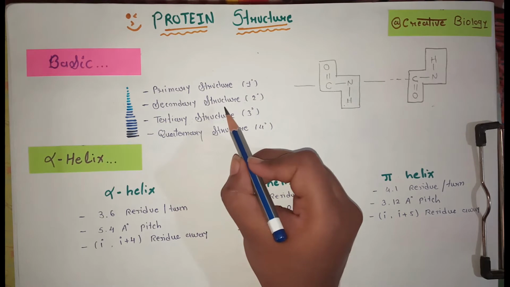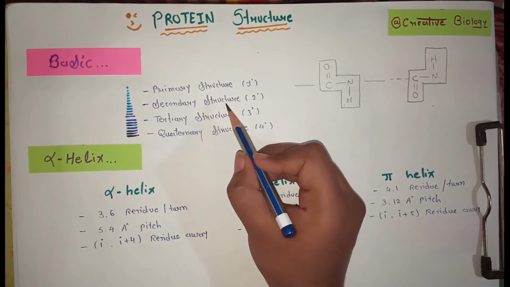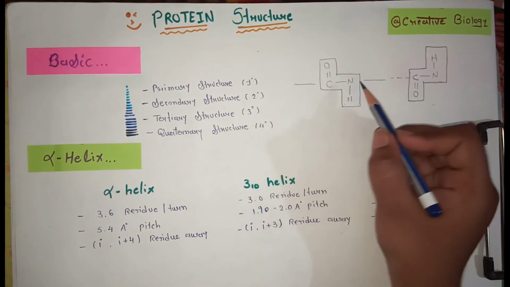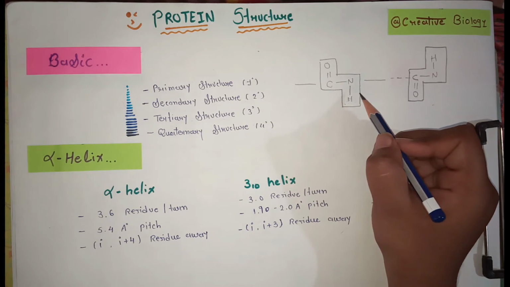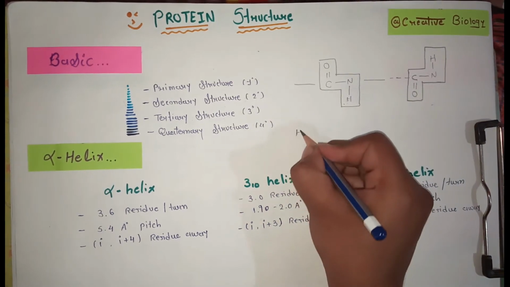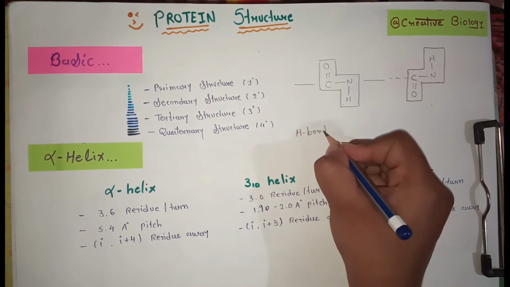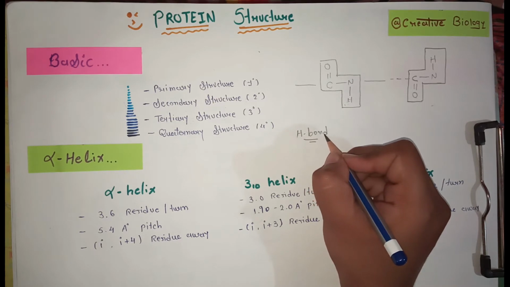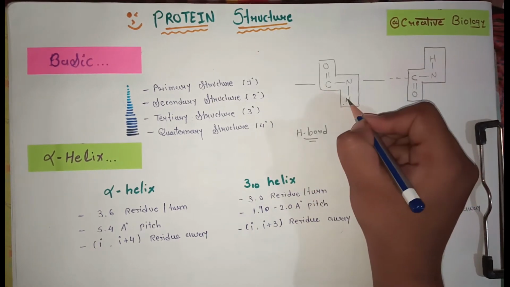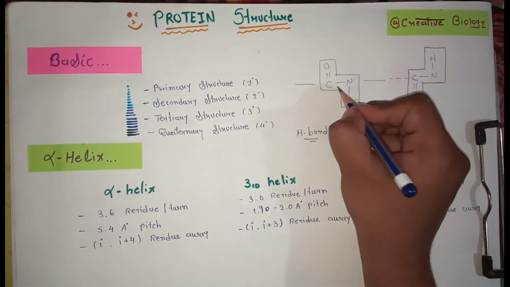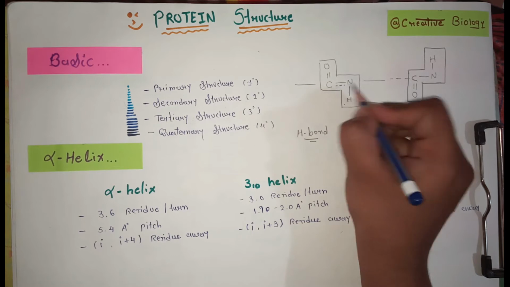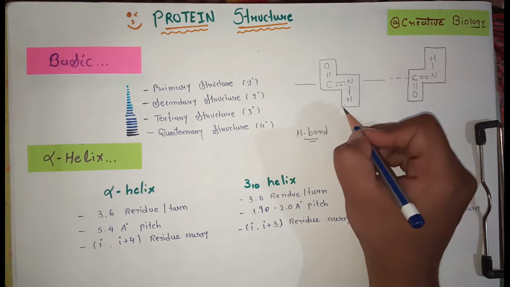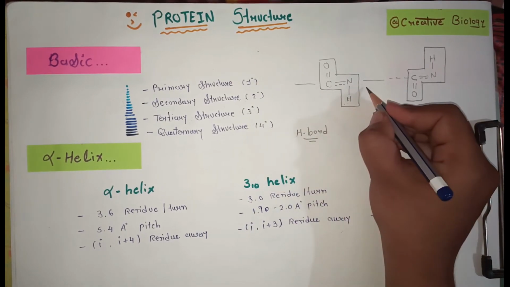So how is the secondary structure folded, or we can say created, by any protein of the cell? It is a mechanism of the formation of hydrogen bonds. So how is a hydrogen bond formed between two different amino acids? After the peptide bond formation, see here, that is a peptide bond, right? That is the CONH bond. I am taking an example of two peptide bonds.